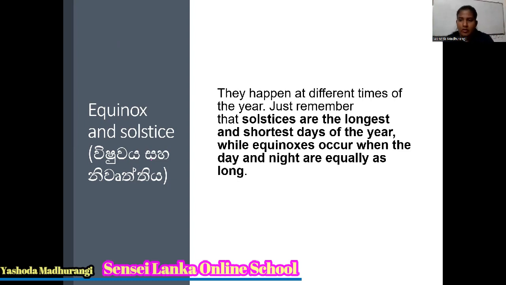Solstice and equinox, two different ideas. Solstice means longest and the shortest day of the year. Then equinox, there is no difference. Day and night time are equal.